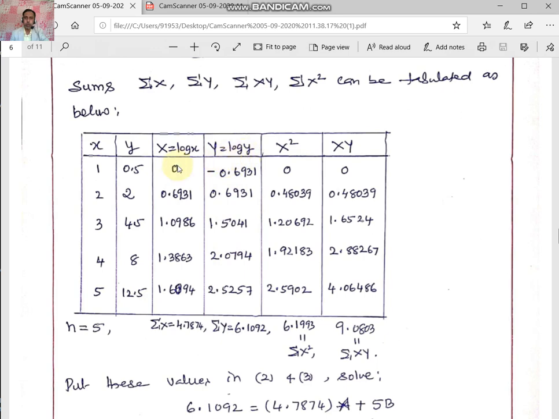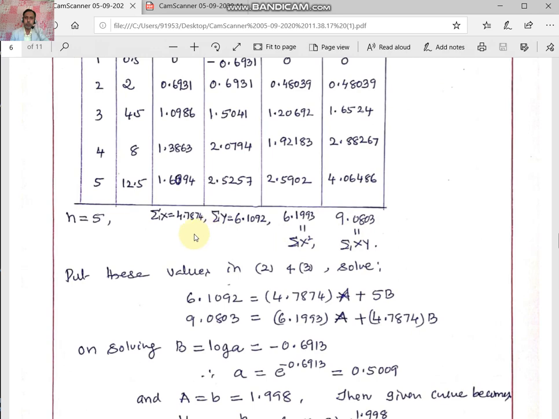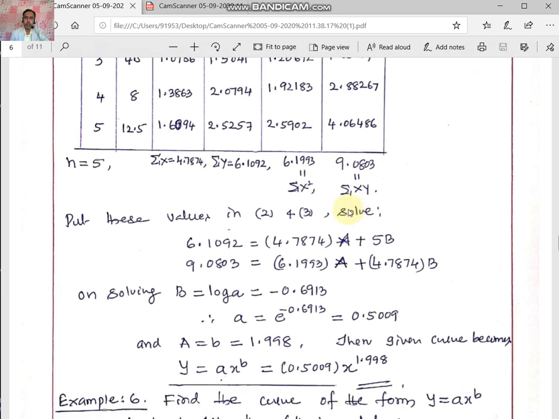Similarly, log of all y values is taken as capital Y: log of 0.5 is minus 0.6931, and these values are the log of the remaining y values. Now square the X values, X square, and the product XY. Sum all these values, and then substitute these sums into the above normal equations.